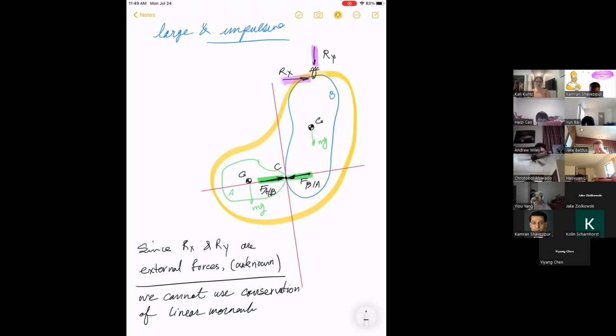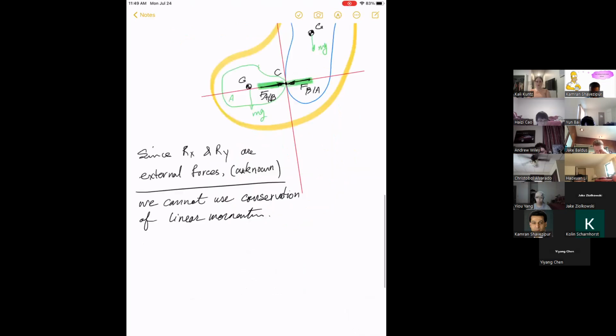In other words, if I write the summation of m v_G at time 1 plus the integral of the summation of forces dt from t1 to t2 equals the summation of m v_G at time 2, this is 2, this is 1.